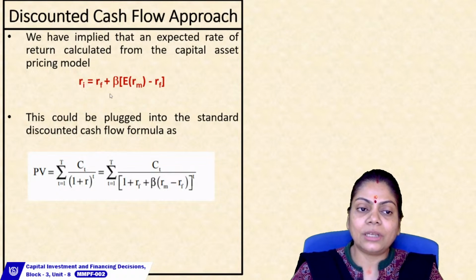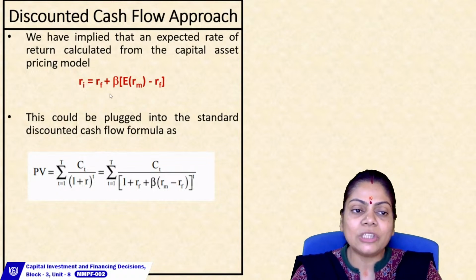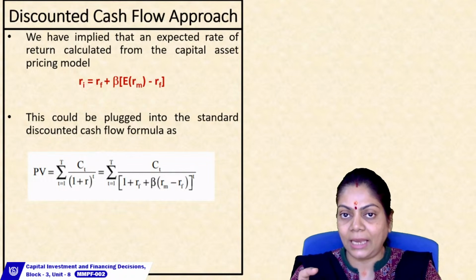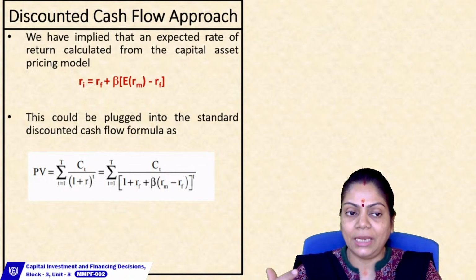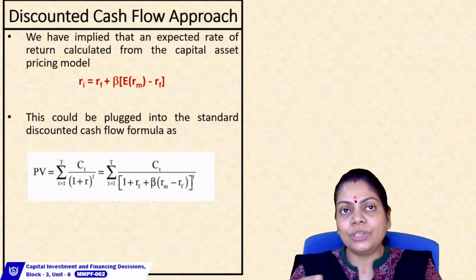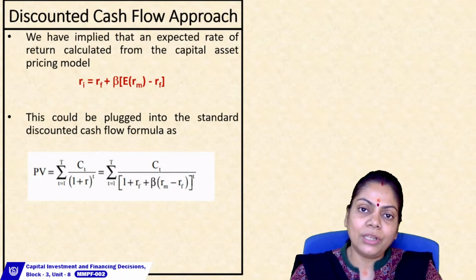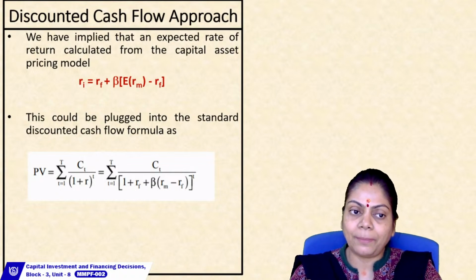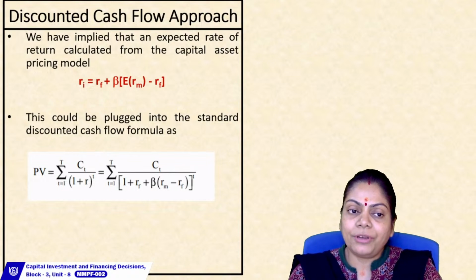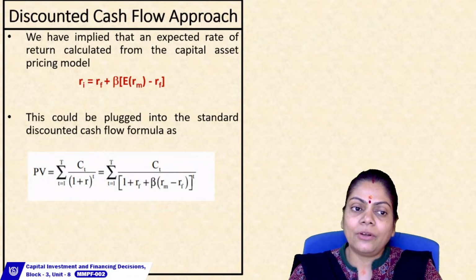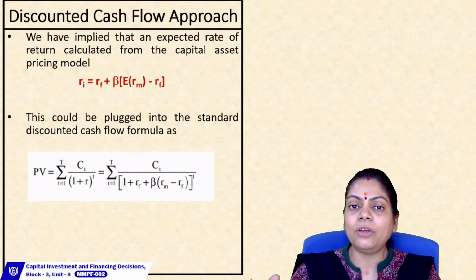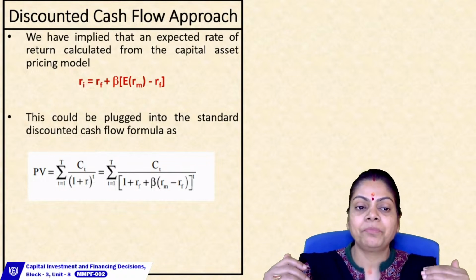deals with a fixed kind of rate. Once we calculate the R, or the cost of equity KE, and then using that KE we calculate the WACC, the weighted average cost of capital, we are basically assuming that the cost of equity remains constant over the life of the company or the life of the project.